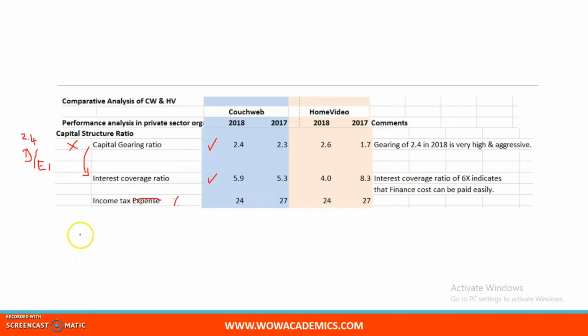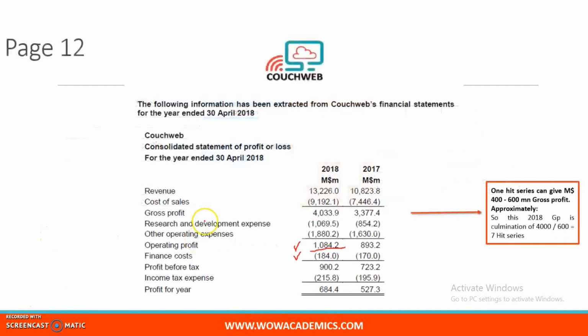The point is, let's compute what is the cost of interest. I will slowly do it here. We'll just try to find out what would be the cost of the debt. So we know that interest is 184.